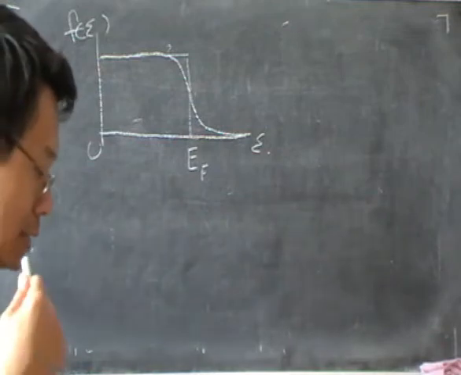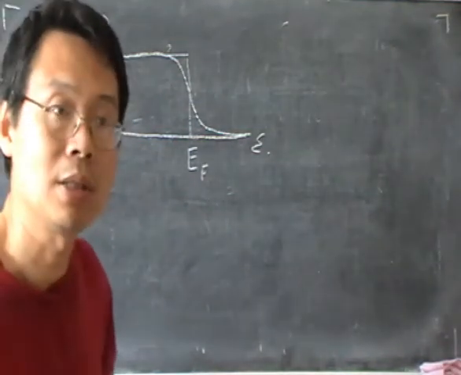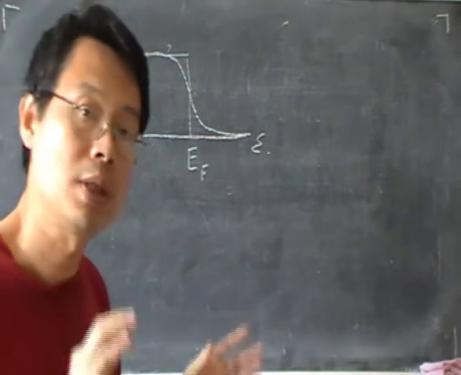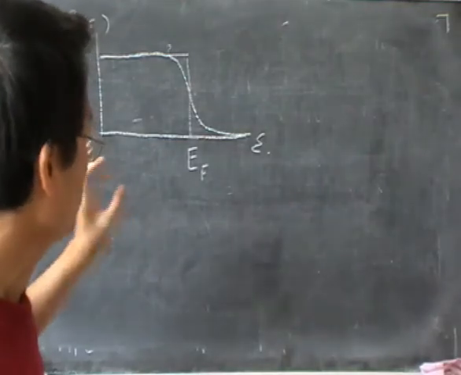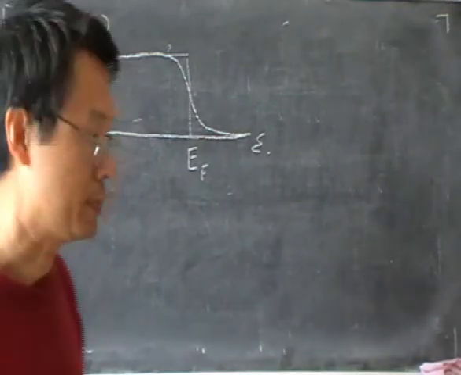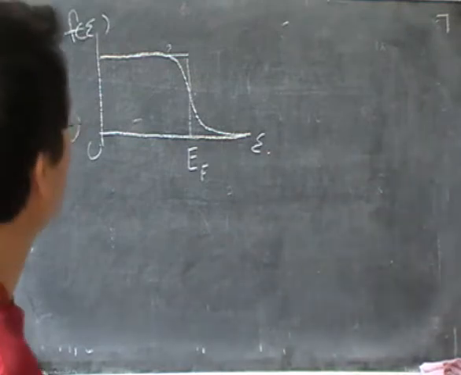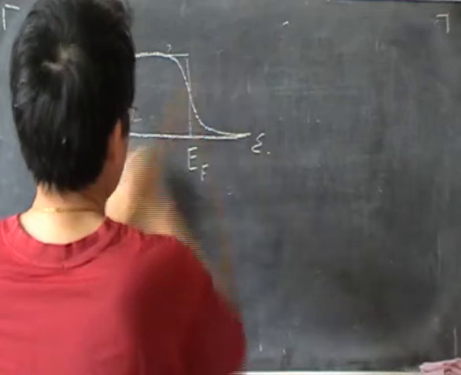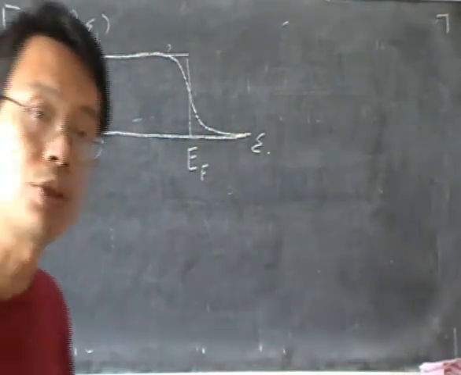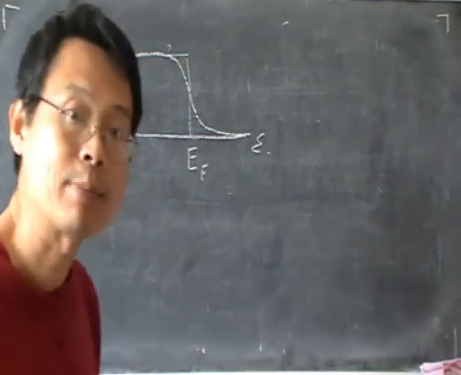So the method that we are going to use to estimate the heat capacity due to the electrons in the metal, for this method we are going to make an assumption. We are going to assume that this curve at a non-zero temperature is still quite close to the step.